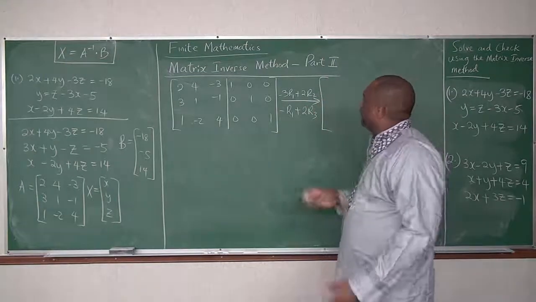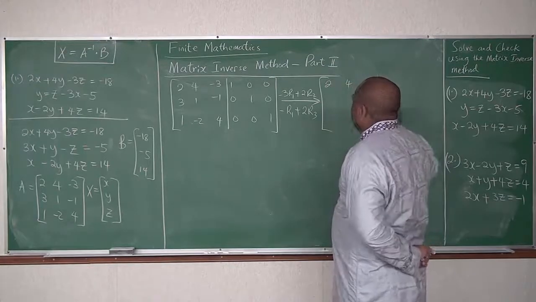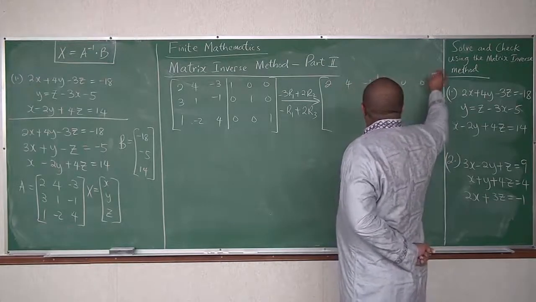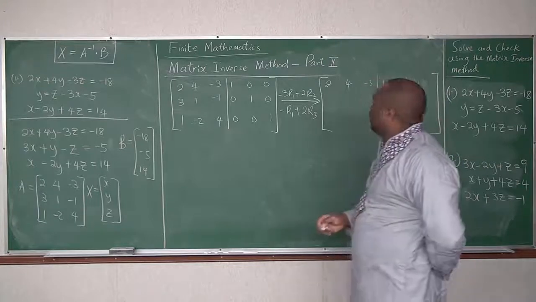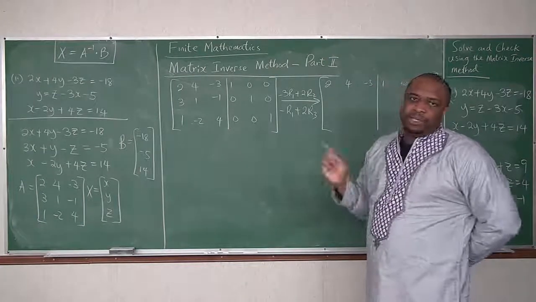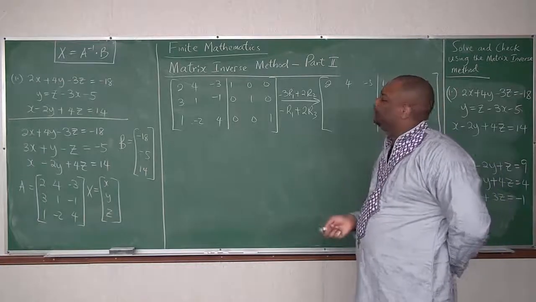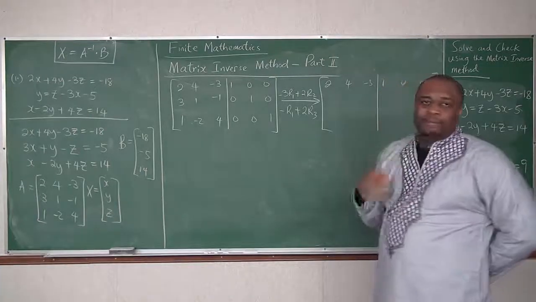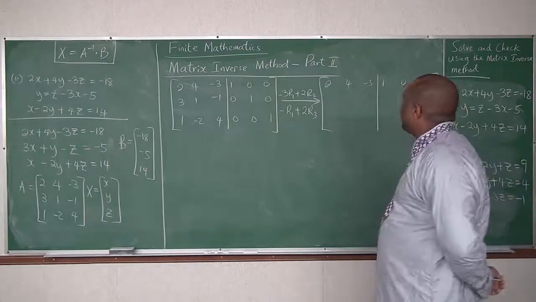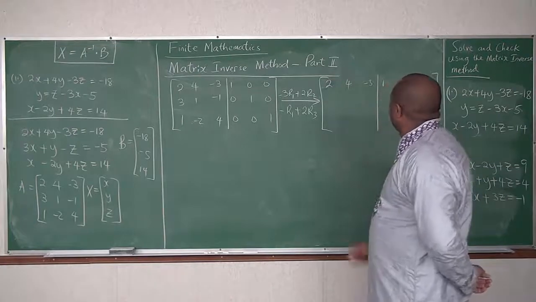So R1 remains unchanged: 2, 4, negative 3, 1, 0, 0. Please view my videos on the row reduction method and also on inverse of matrices. So this is 2, 4, negative 3, 1, 0, 0.